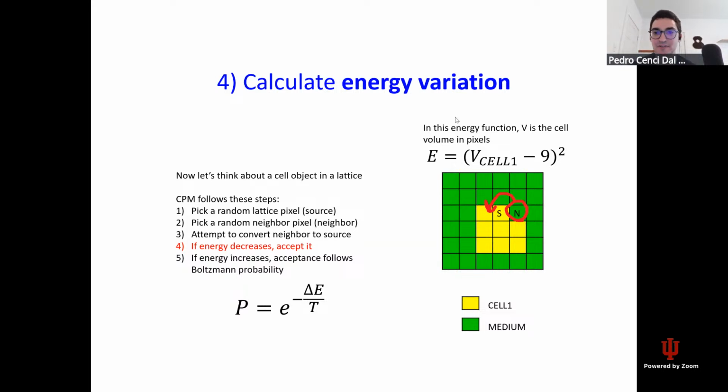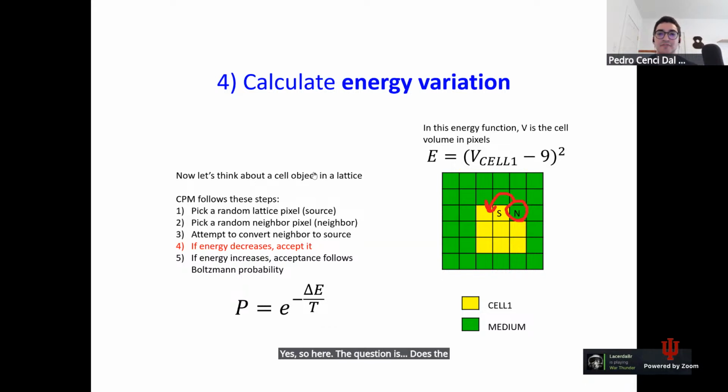Why this specific form? For now, because I want it. So here the question is, does the energy decrease if the neighbor pixel becomes part of cell 1?